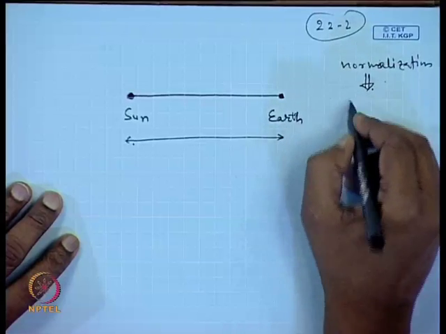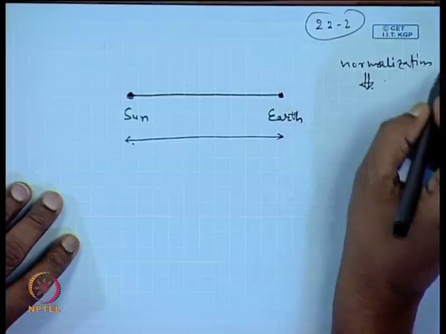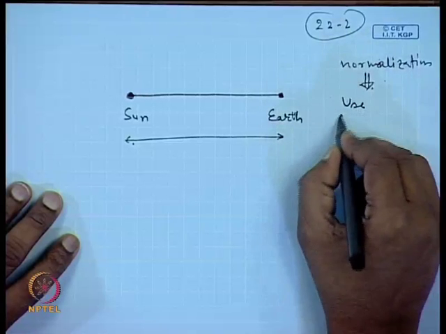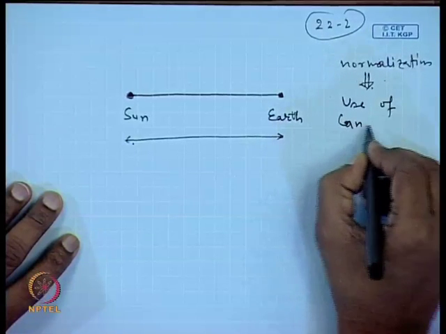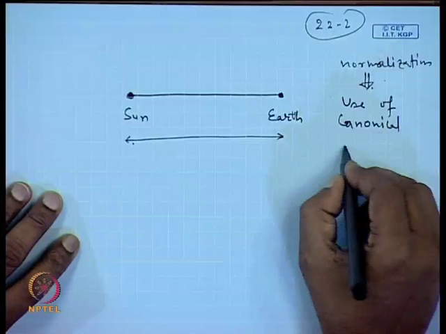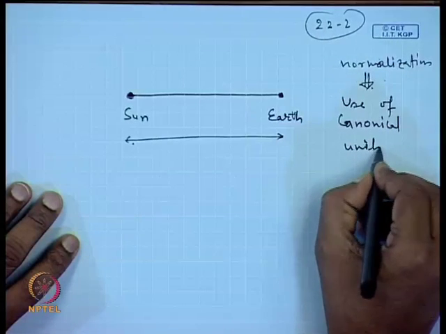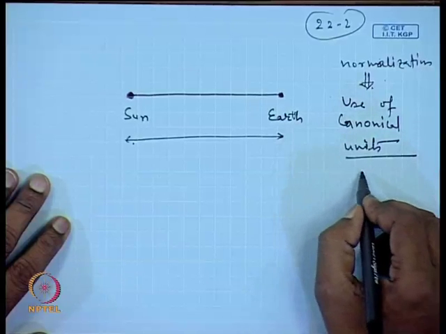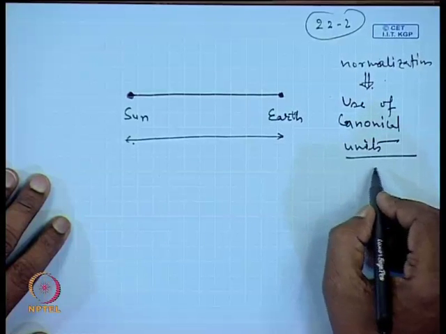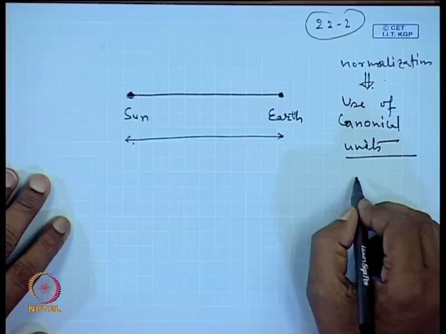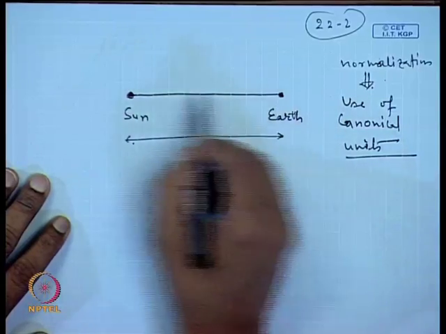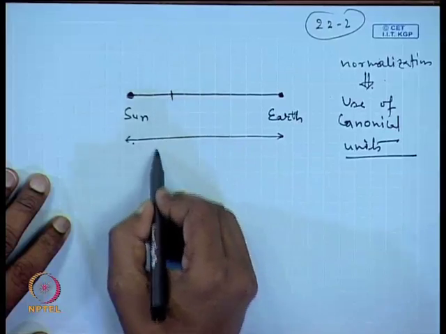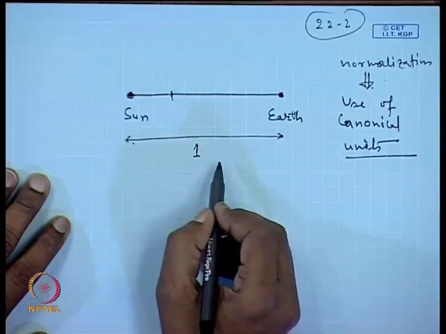In technical language, whatever normalization we are representing here is basically the use of canonical units. So, we have used the canonical units where we represented the quantities in such a way that this distance got normalized to 1. So, this whole distance we represented as 1 unit.